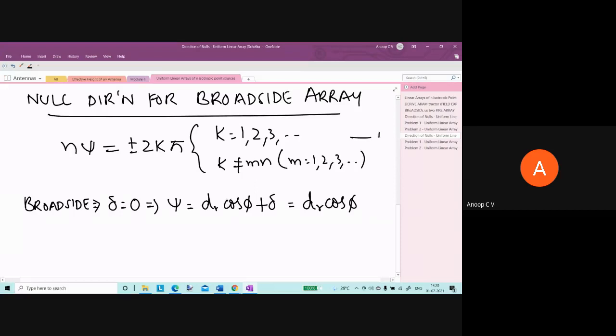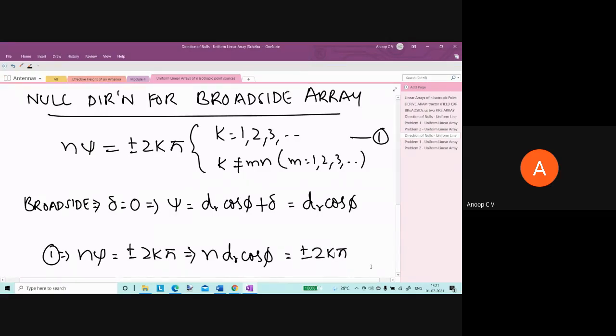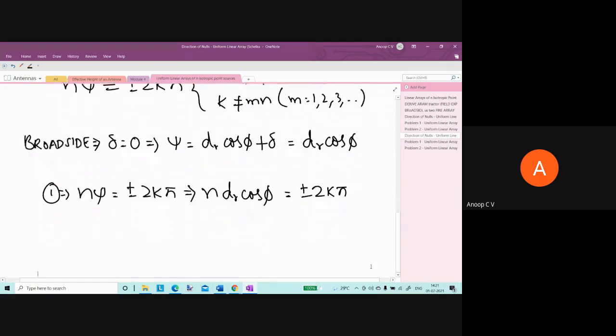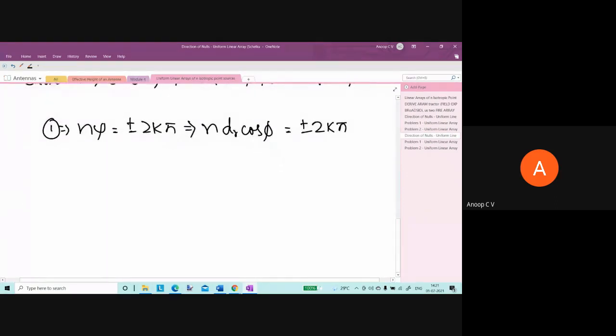So this condition implies n psi is equal to plus or minus 2k times pi, which implies n times dr cos phi is equal to plus or minus 2k times pi. So I'll get cos phi is equal to plus or minus 2k pi divided by n dr.